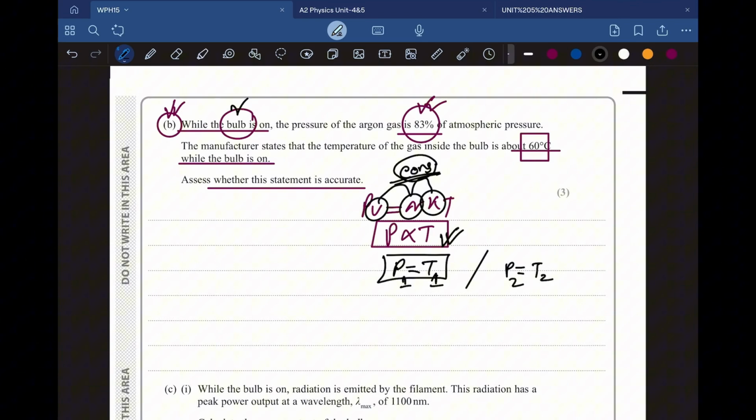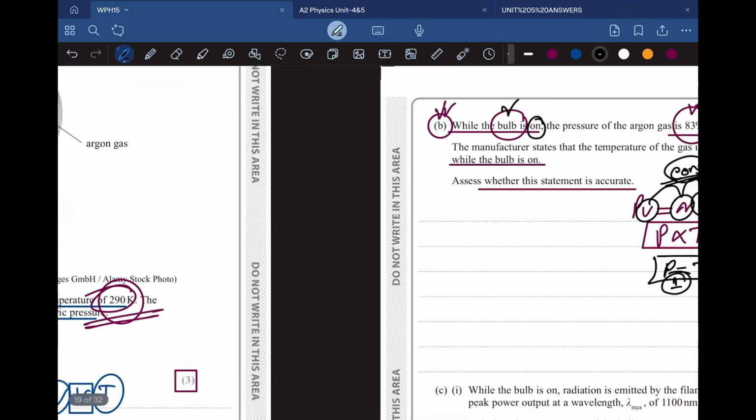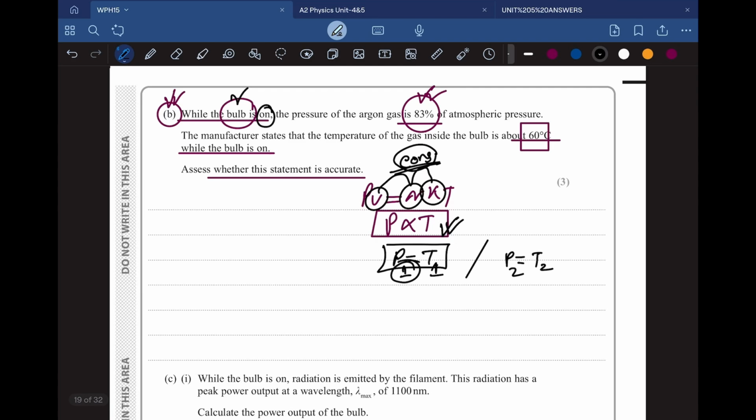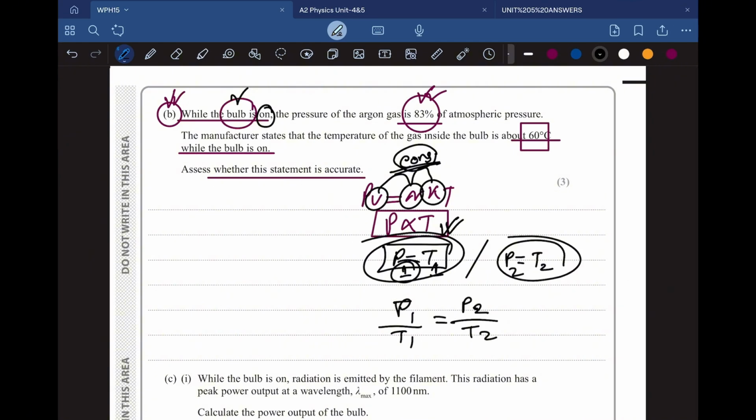The 2 means when the bulb is on, and the 1 means when the bulb wasn't on. Okay, so we can write P1 divided by T1 is equal to P2 divided by T2. We are just writing both of them, nothing else.